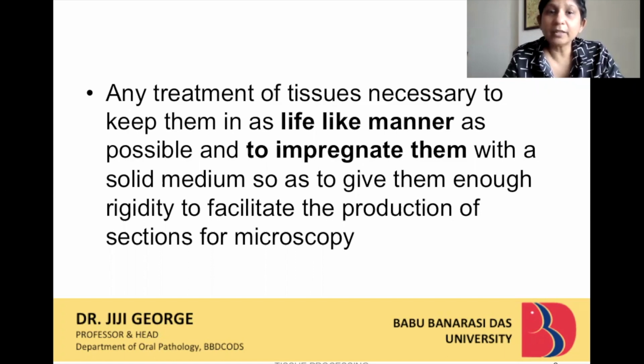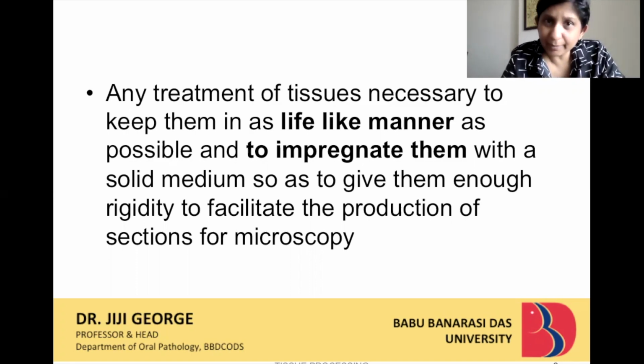So this is done to impregnate them with a solid medium. That is, you cannot just cut a human tissue with a knife into thick sections, thin sections, and see it under the microscope. We have to cut it in paper thin sections, which are microns in thickness, and to do so we have to remove the water component which is present inside those little tissue pores inside the body, inside the tissues.